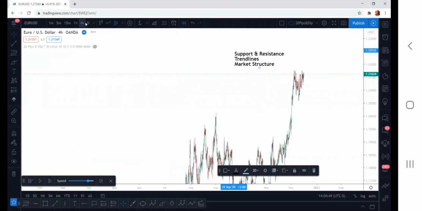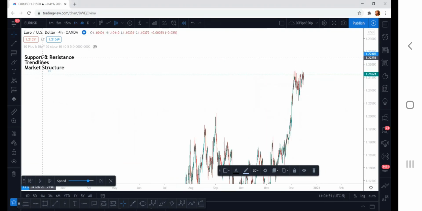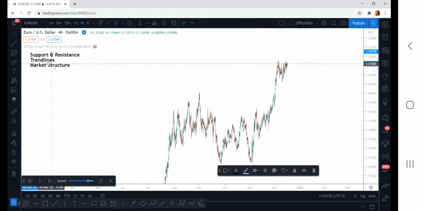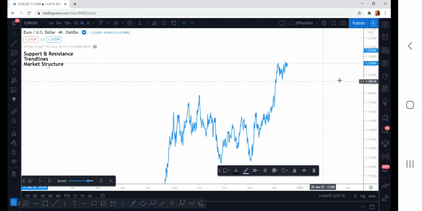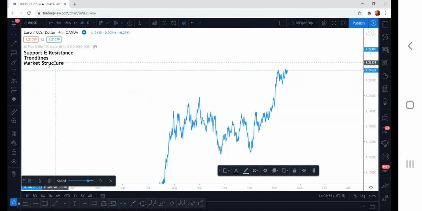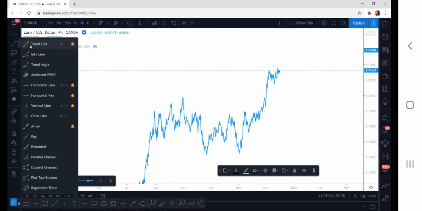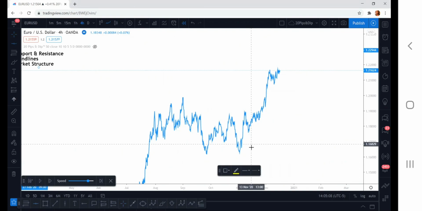Let's go to the 4-hour, and I'm going to flip over to the line chart. And we're going to find basic support and resistance.